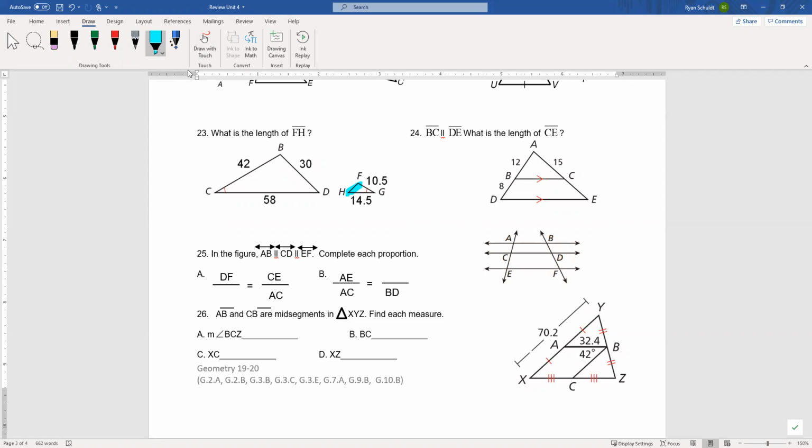So yeah, we can do this one. We want to find the length of FH. Well, what side does FH go with? Well, G and C are congruent. I know that because it's marked. So that means FH has to go with BD. Those two go together.